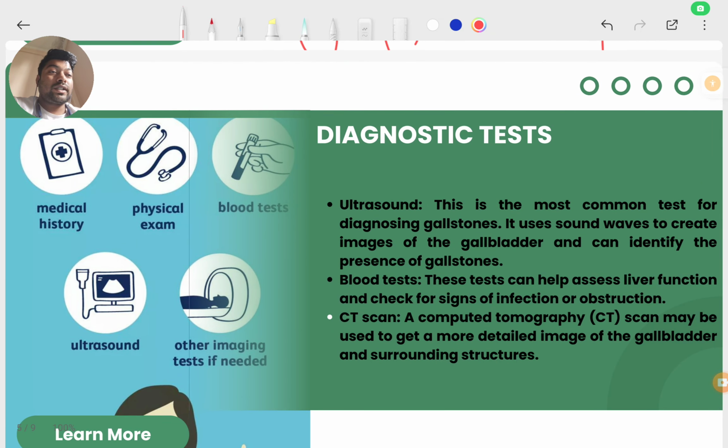Now here we can see the diagnostic tests that are important for gallstones. The very first one is ultrasound. This is the most common test for diagnosing gallstones. It uses sound waves to create images of the gallbladder, and can identify the presence of gallstones.